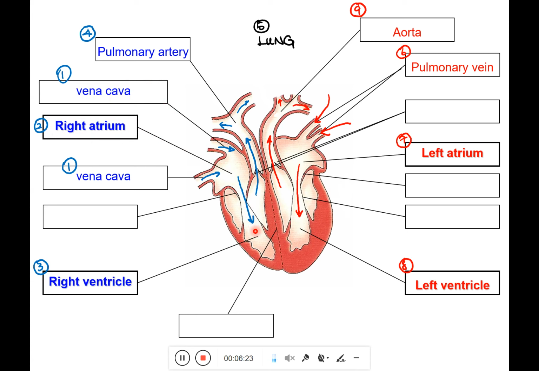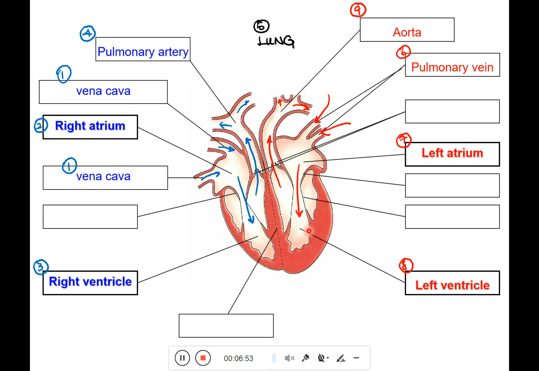Right ventricle then contracts to pump the blood through pulmonary artery to lungs. Then the blood in the lungs will return to the heart through pulmonary vein. The blood will be collected in left atrium. The left atrium contracts and pumps the blood to left ventricle.